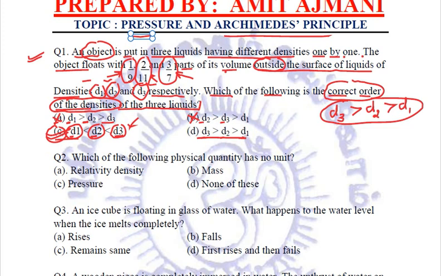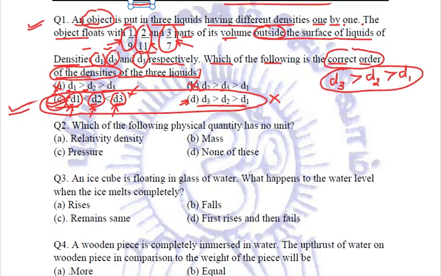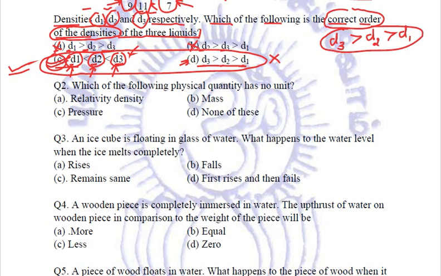So if we are going to write these in the correct order, that means in the increasing order, we will be writing the least density first, then the greater, and then the greatest. So out of C and D, why we are preferring C and not D, you need to relate that. This is a very important question. I have seen this question myself coming in 3 or 4 examination papers.